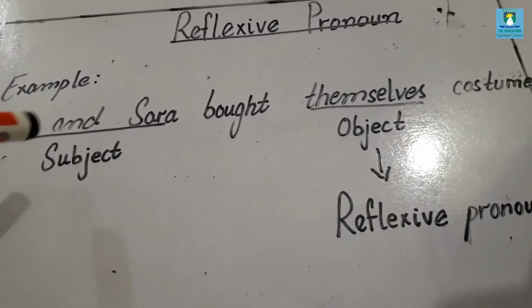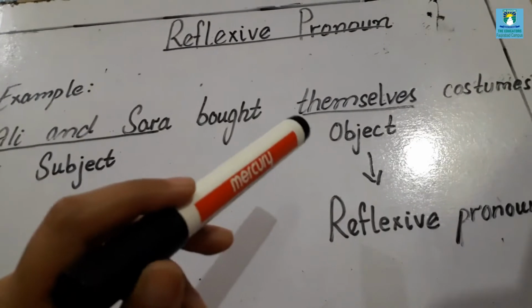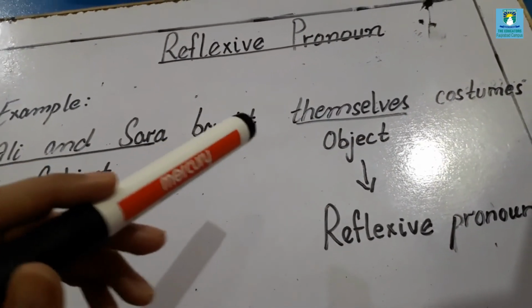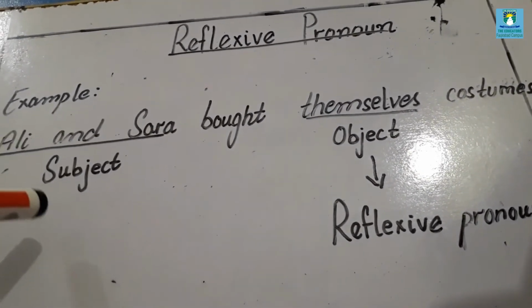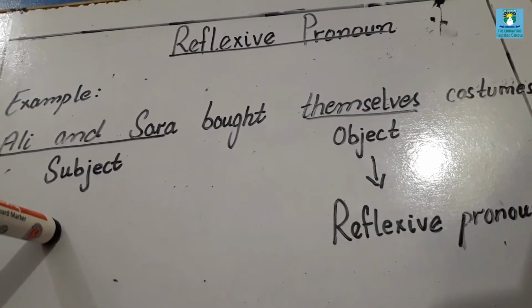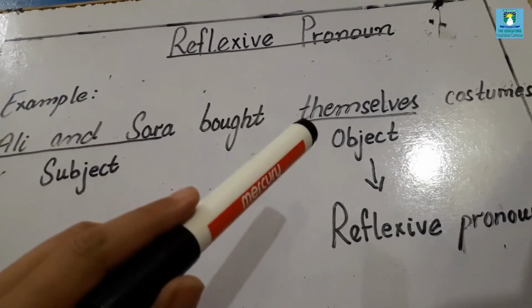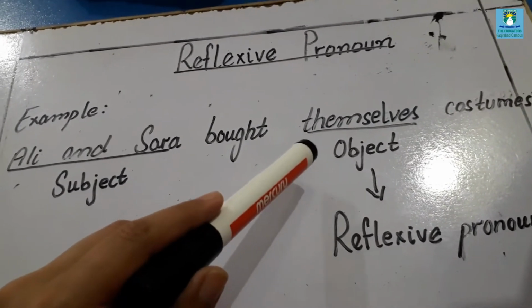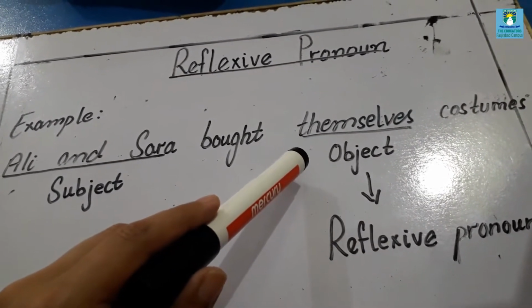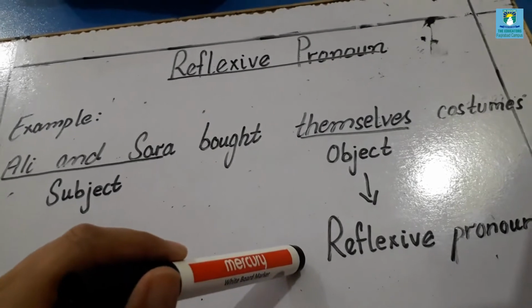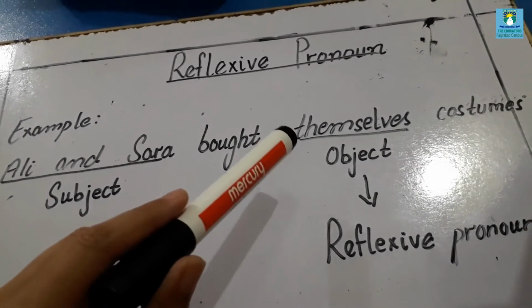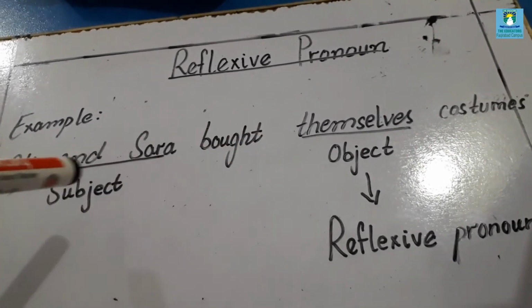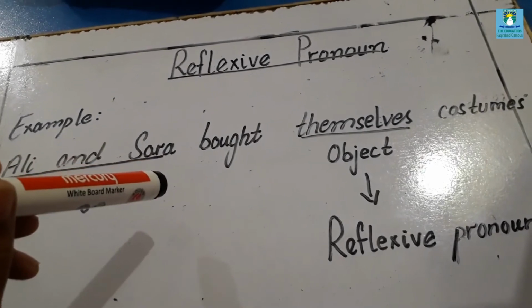Understand? Ali and Sarah bought themselves costumes. So here Ali and Sarah are the subject of the sentence, themselves is the object, and this pronoun is used as a reflexive pronoun. Okay, this themselves is the reflection of Ali and Sarah. Understand?